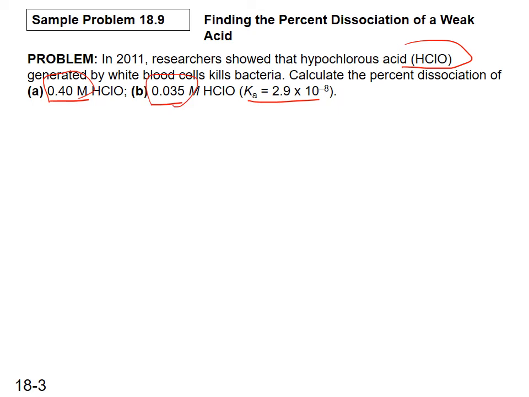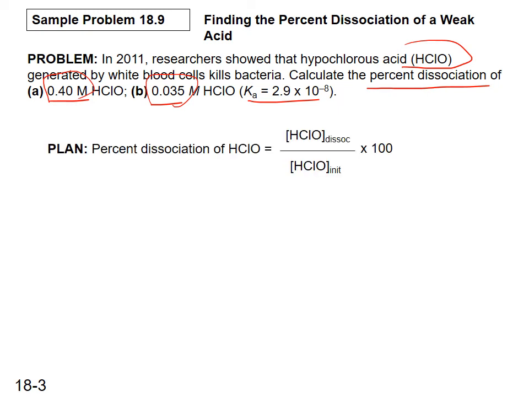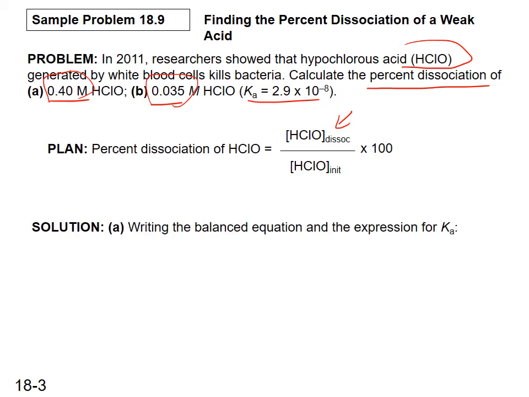And we want to calculate the percent dissociation. To calculate the percent dissociation, we need to first find how much acid dissociated. To do that, we need to draw the reaction table. But first, we want to write the balanced dissociation reaction.